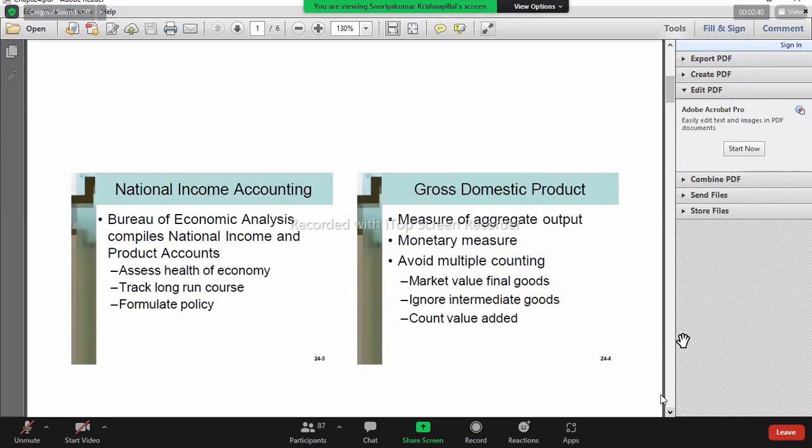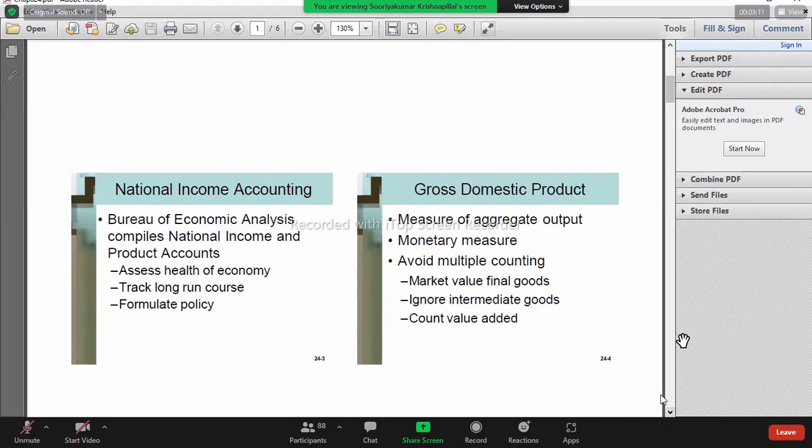Here in Sri Lanka, the census department and the central bank calculate the national income and accounts. We can use that to assess our economy.